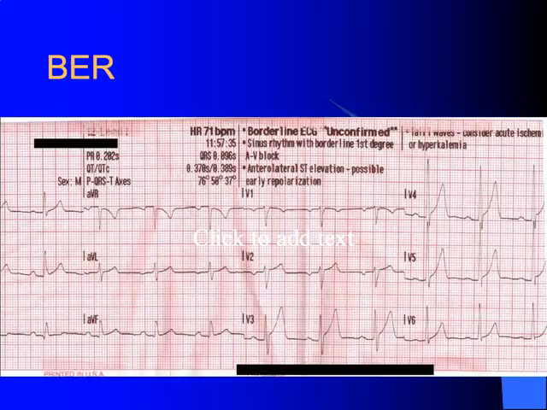Our ST elevation is modest. We do have a well-developed R wave in V4, greater than 13 millimeters. Good R wave progression, no axis deviation. So this is pretty distinguishable from MI. We don't have any reciprocal changes. All we have is the ST elevation in the anterior precordial leads, which is pretty good evidence that it's benign early repole versus an acute STEMI.